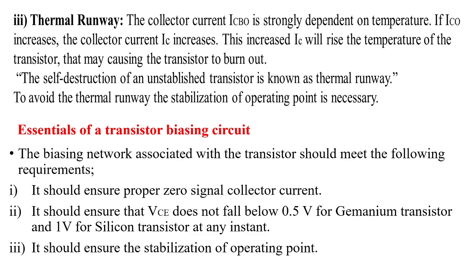Essentials of a transistor biasing circuit. The biasing network associated with the transistor should meet the following requirements. First, it should ensure proper zero signal collector current. Second, it should ensure that VCE does not fall below 0.5 volt for a germanium transistor and 1 volt for a silicon transistor at any instant.